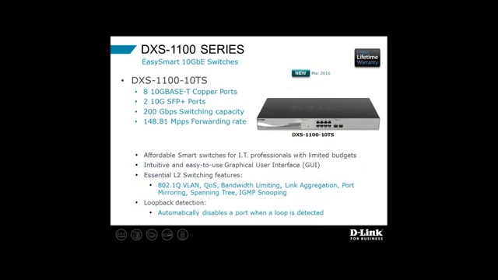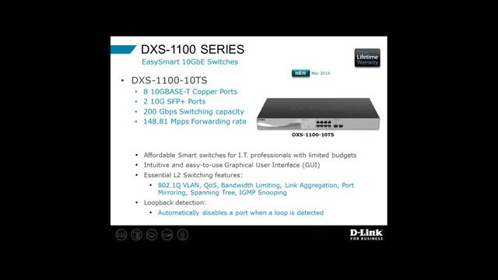We are announcing in the first quarter of next year a new smart switch in our Easy Smart family of switches, the 1100 series. So this is the DXS 1100. This is even lower cost 10 gig switching, and this one is also 10GBASE-T. The first 8 ports are 10 gig copper, and then ports 9 and 10 are 10 gig SFP+.